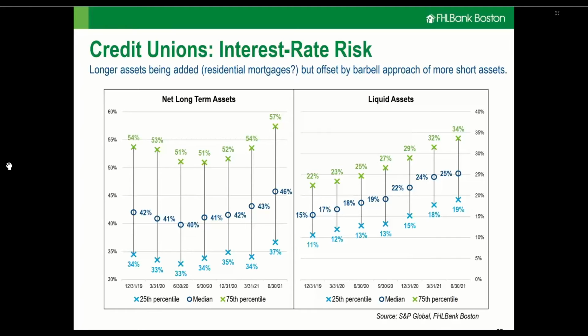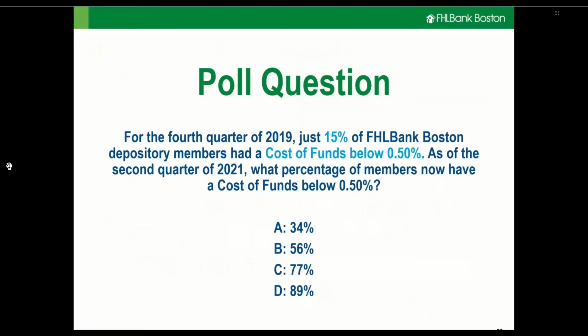So now we'll take a pause and we'll ask a poll question. We'll see as we jump into margin what folks think about cost of funds. So we're going to launch it here on the screen. As of the second quarter of 2021, what percentage of FHLBank Boston members now have a cost of funds below 50 basis points? And you see the options there. I'll give you a little bit of a hint in that the last pre-COVID quarter, that percentage was 15%.